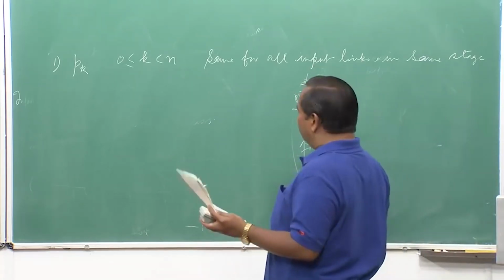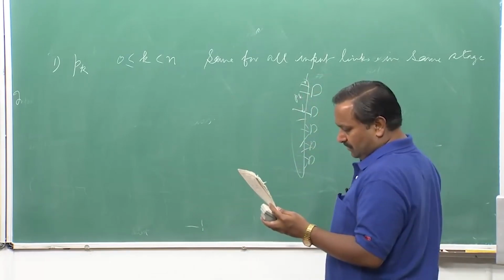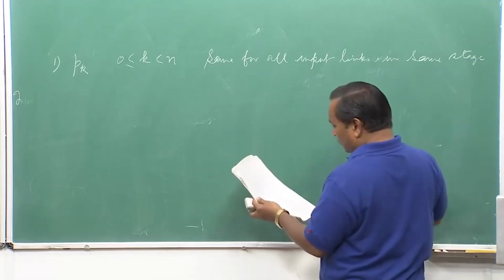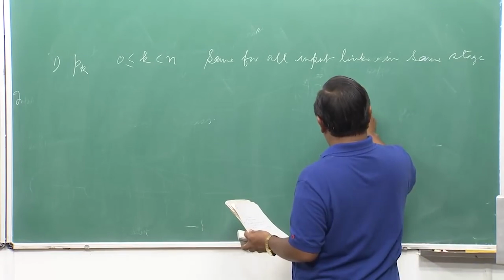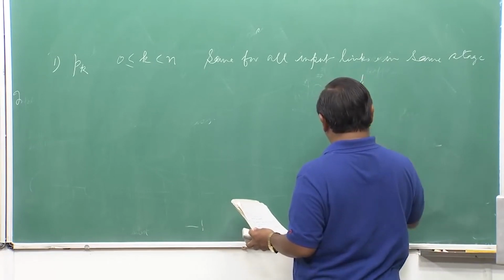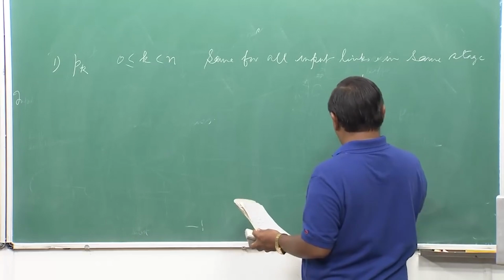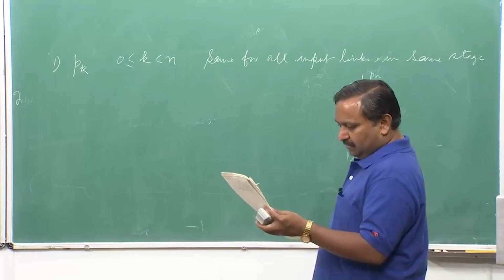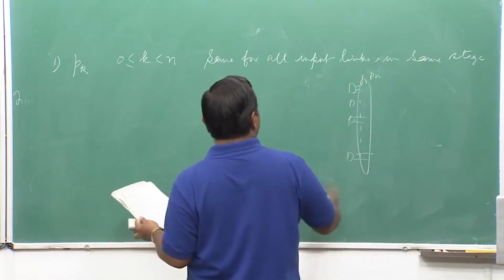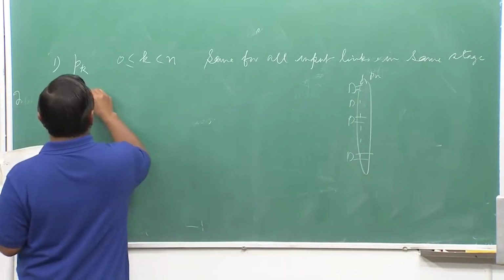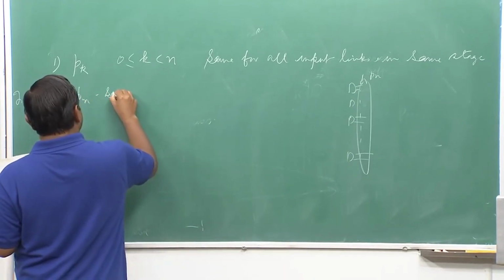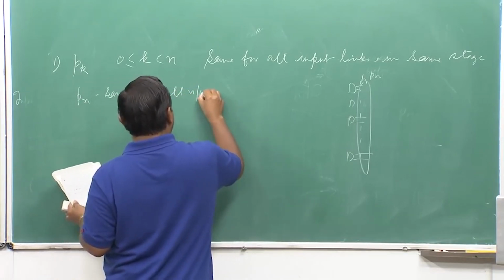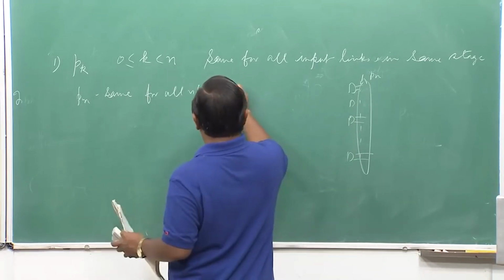So Pk will remain the same irrespective of which link I choose. Similarly, Pn will be the same when you look at the outgoing links in the outgoing stage. Whichever output link you take, Pn will remain the same there. So Pk is the same for input links in the same stage, and Pn is the same for all network output links.